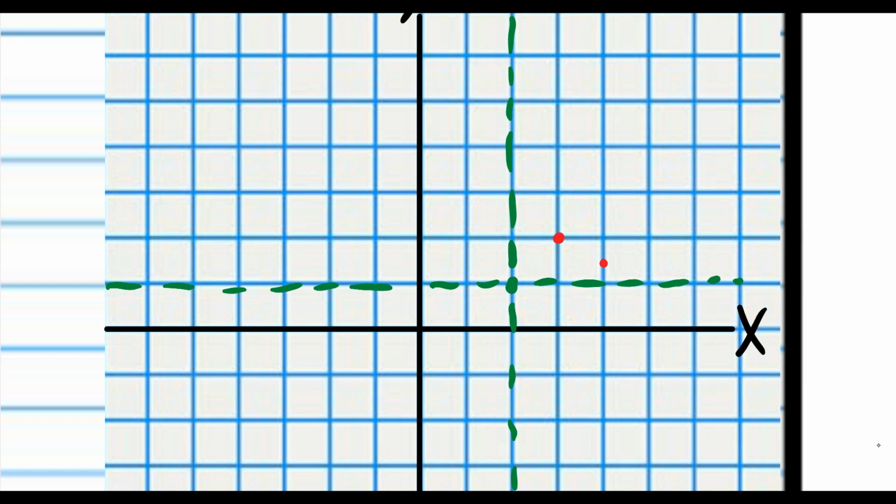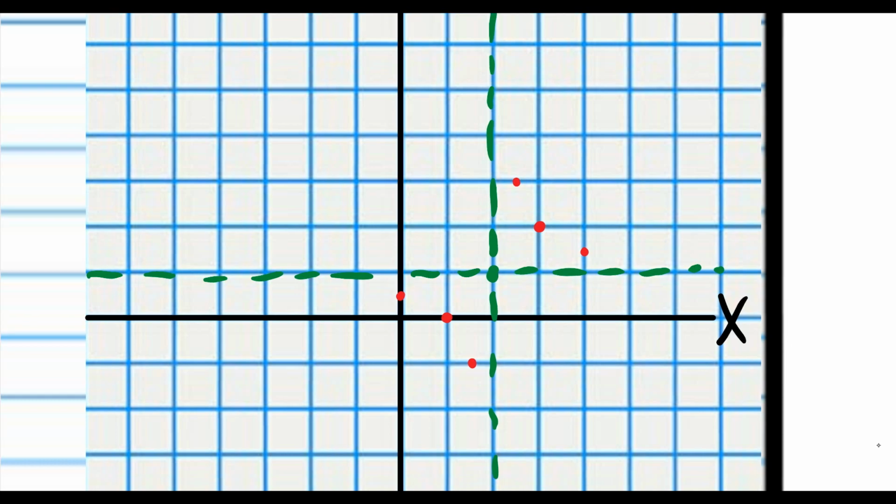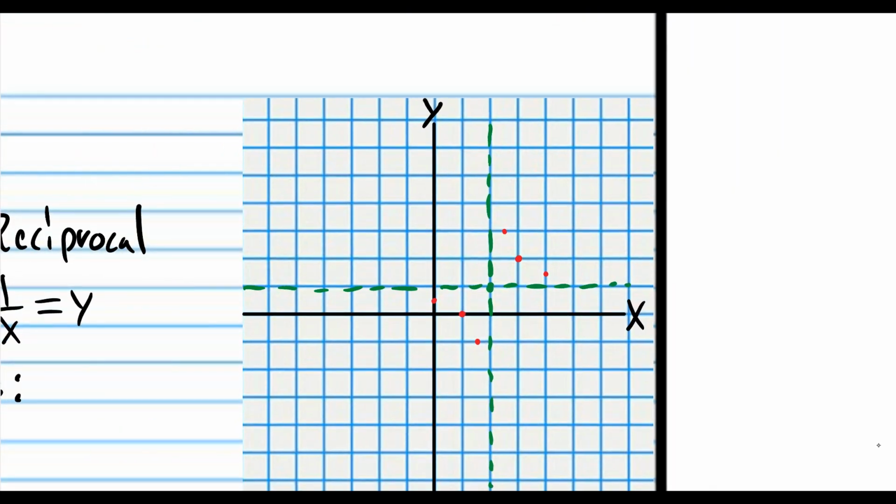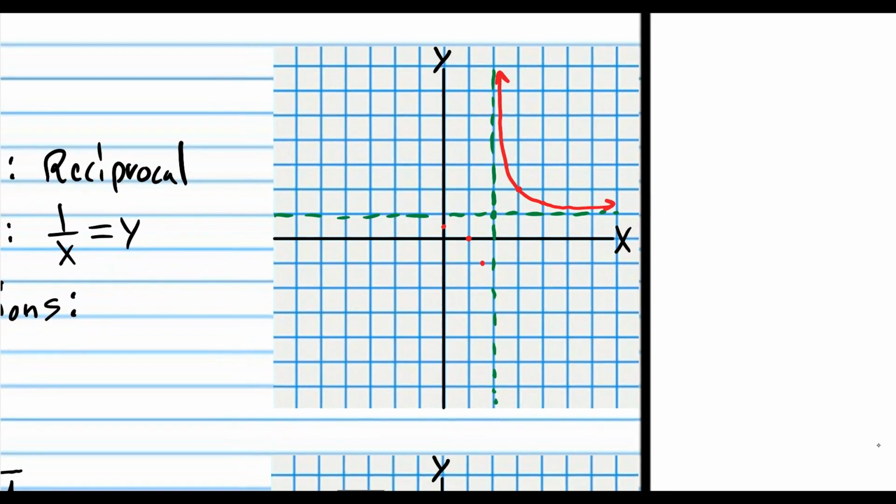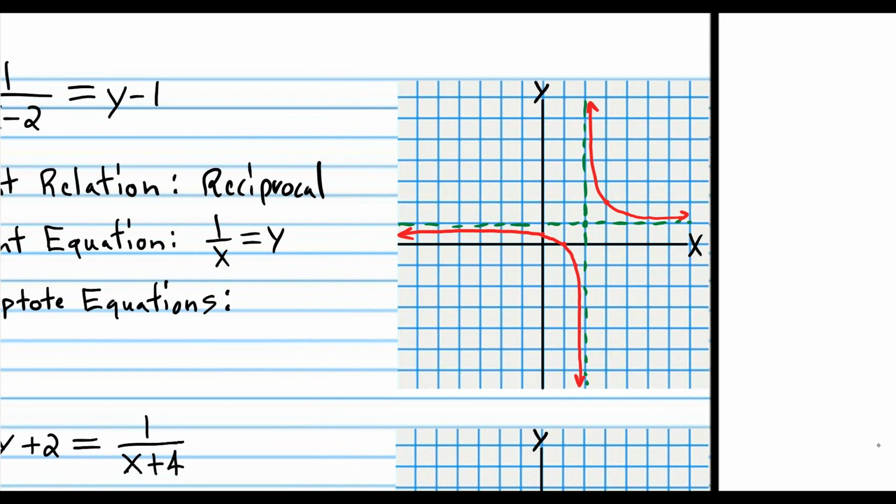And 2, 1/2, 1/2, 2, -1, -1, -1/2, -2, -2, -1/2, so on and so forth. Then we're going to connect the dots. And you've seen this a number of times already, so you know how to do this. And there you go. So if you have that graph, good job.